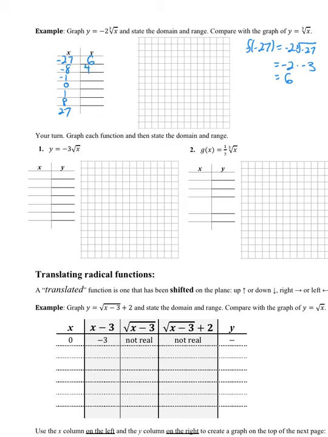So we get +4 for the second one. And then -1, cube root of -1 is -1. -1 times -2 is 2. Yep, you got it. And then it's just 0, and then it's all reversed. So we get 0, and then we go the opposite signs on the other side. -2, -4, -6. That's how we'd figure out these values here. Now I'm going to go ahead and sketch my graph.